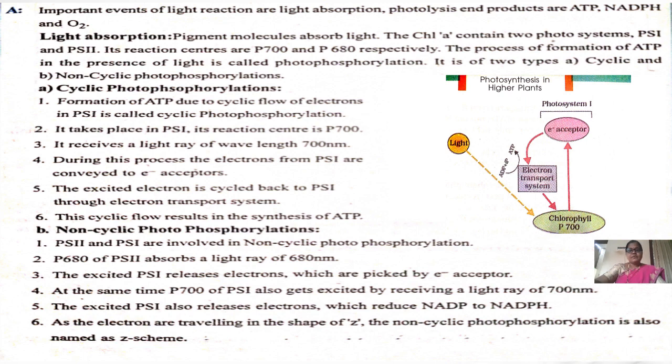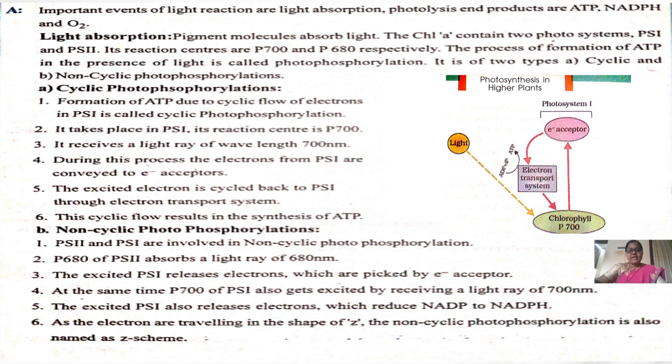The electrons from photosystem 1 are conveyed to the electron acceptors, and again cycled back to photosystem 1 through the electron transport system. By this cyclic flow, ATP is synthesized.